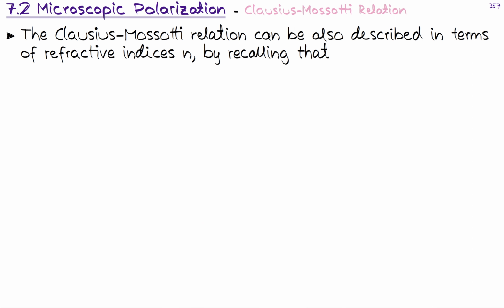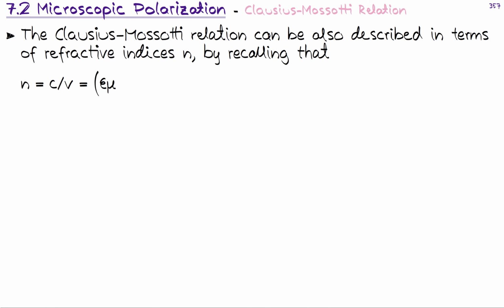So please recall from classical electrodynamics and optics that the refractive index of a substance is defined as the speed of light in vacuum divided by the speed of light inside the material.